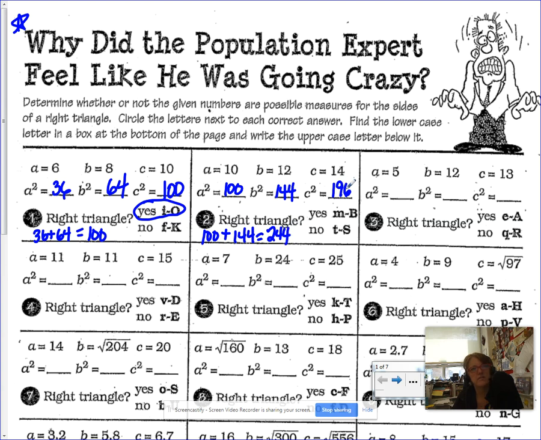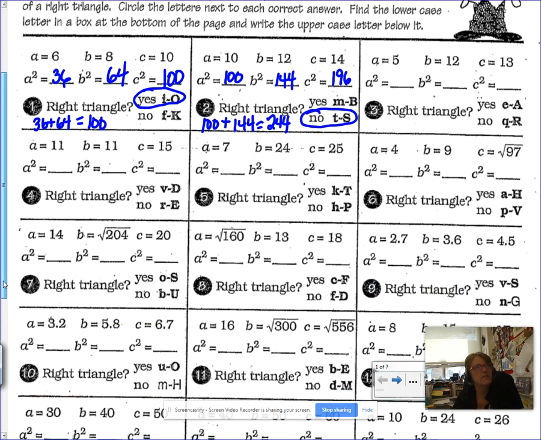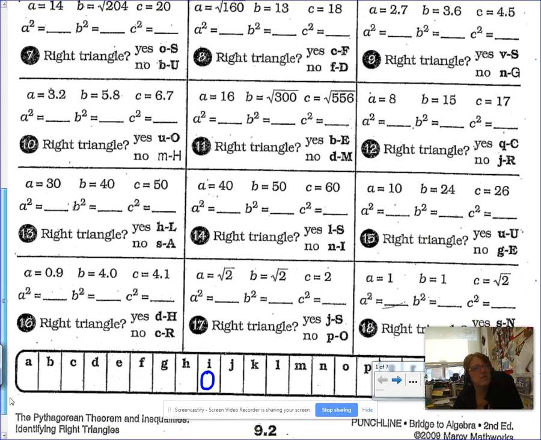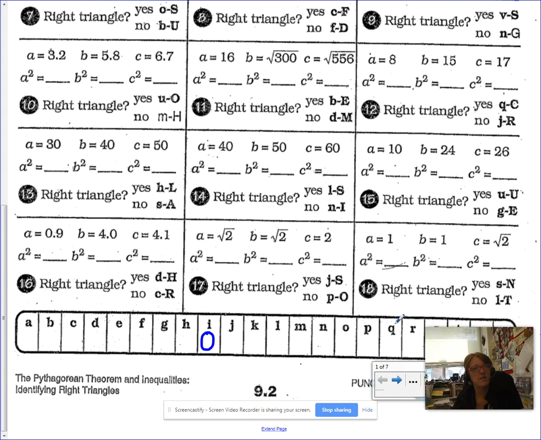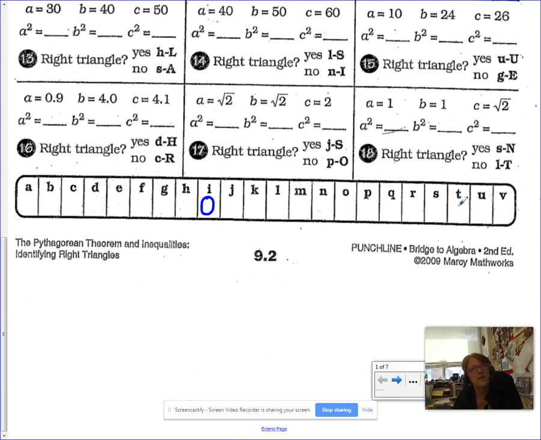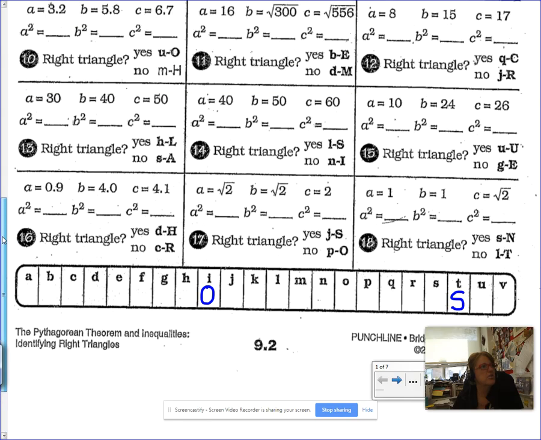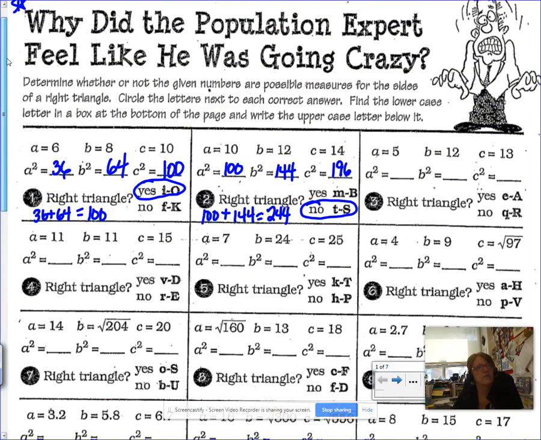Is this a right triangle? No. That doesn't match. So this time you'd circle no. Find lowercase t down below in the box. And this is in the way here for a second. Put capital S.